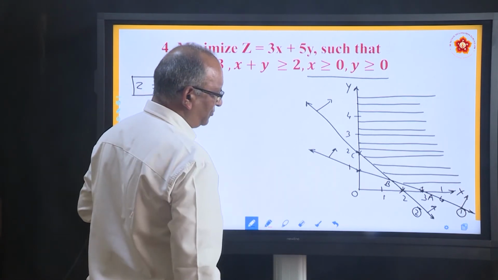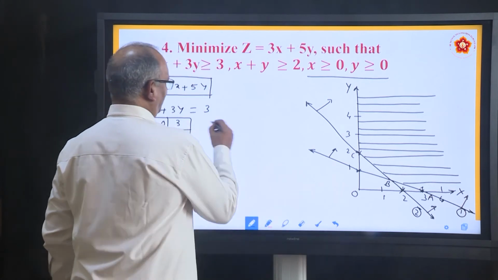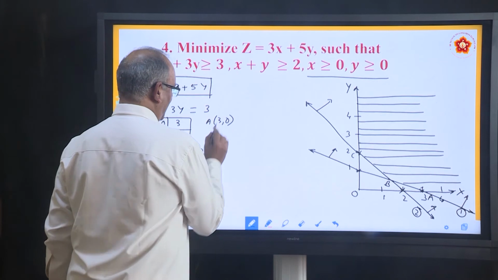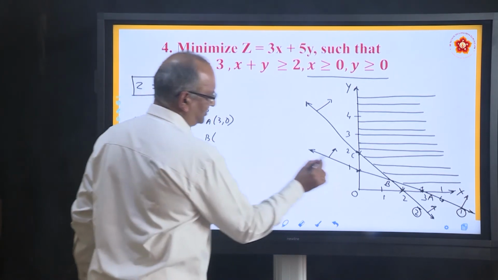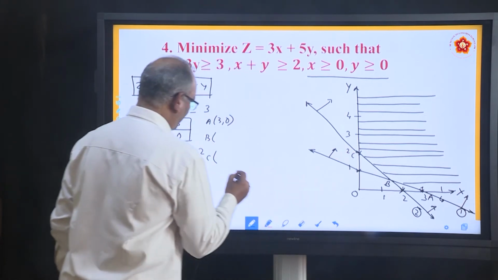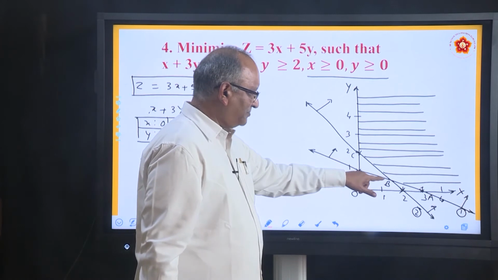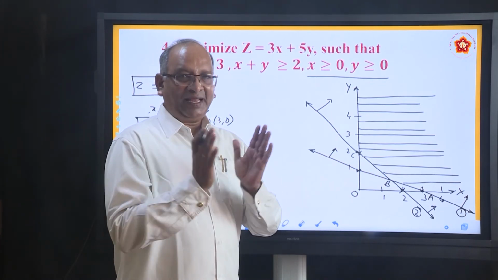A is very easy to identify. What is A? It is 3, 0. B we will find out. C is also easy. It is 0, 2. Now, B is the point where both the lines are meeting.